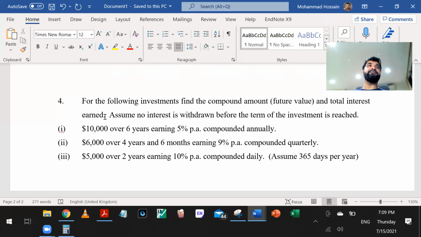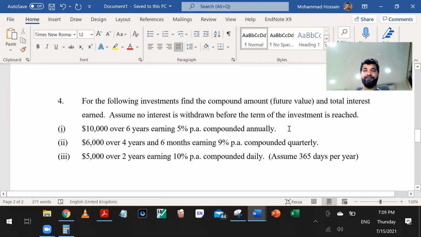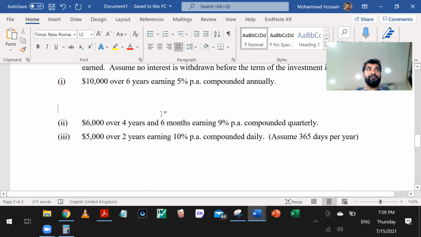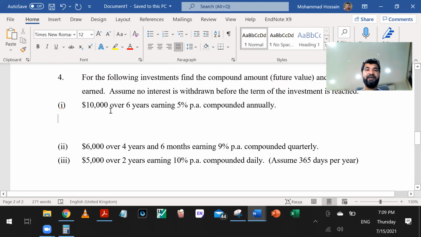Okay, all right, so let's do it. In this problem, how much is the present value? $10,000, 6 years, 5%. 6,000, 4 years and 6 months, 9% quarterly.